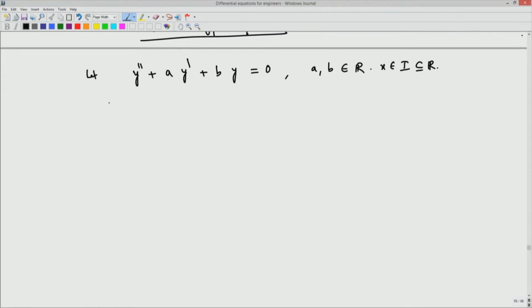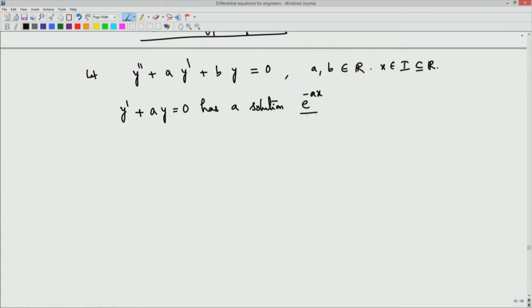We have seen that a first order equation with a constant coefficient has the solution e power minus ax.